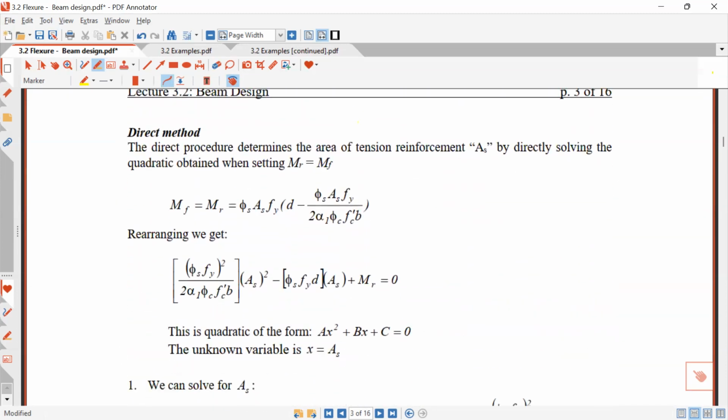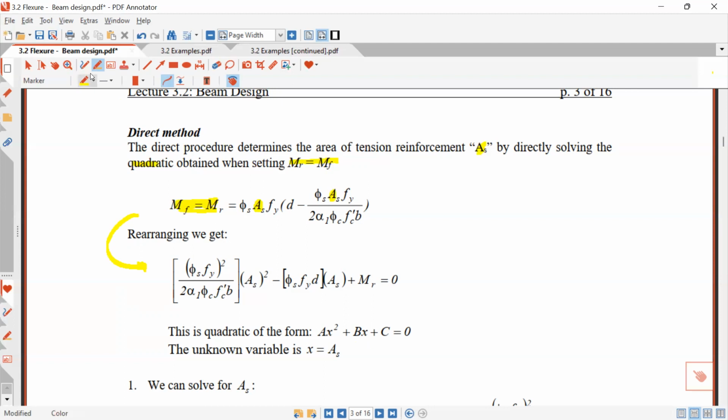Okay, so in the direct method, it's a direct procedure. It determines the amount of tension steel AS by directly solving the quadratic obtained when setting MR equal to MF. So we have this here, we set MR equal to MF, so this is going to be a number. And then the only unknown is AS. We rearrange and we end up with this thing. It's going to be a quadratic, which is in this form.